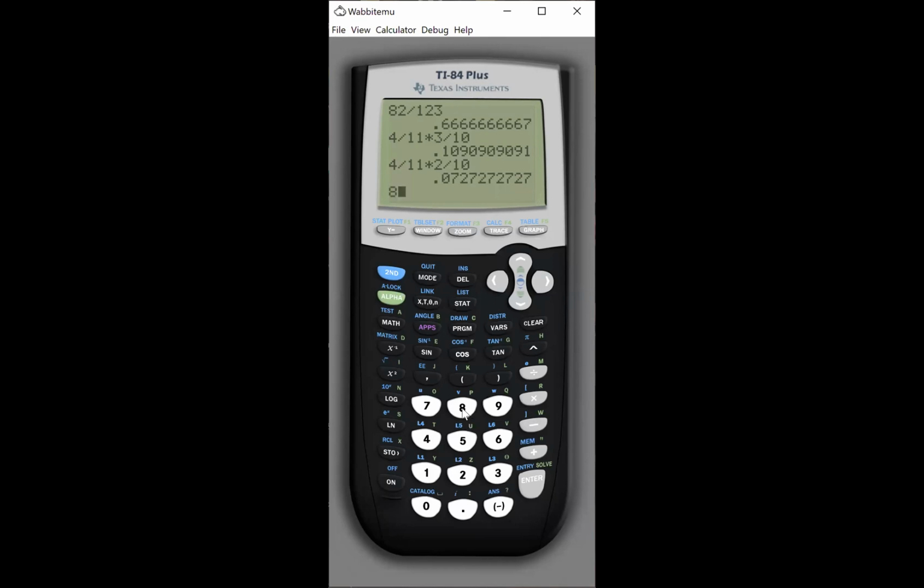So you do 8. You hit this button right here where it says math. And then you go all the way over to PRB. And if you look right here at number 4, you have the factorial. In case you didn't get that, let me do it again. You put 8, you hit math, and then you go to PRB, and you go all the way down right here where it says factorial.